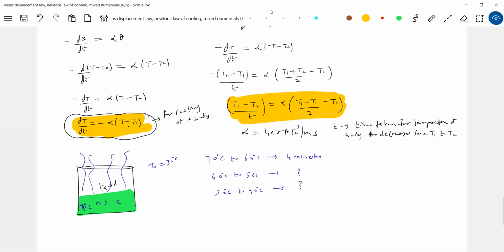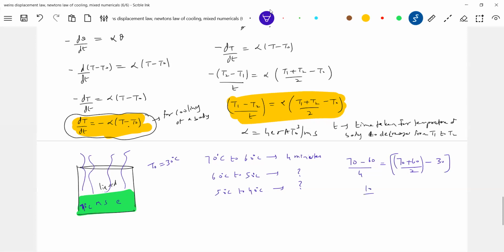I'll start from here. Please make an observation. Very simple. What was the initial temperature? 70, 60. What is the time it will take? 4 minutes, equal to alpha times (70 plus 60 by 2 minus the temperature of surroundings, 30).